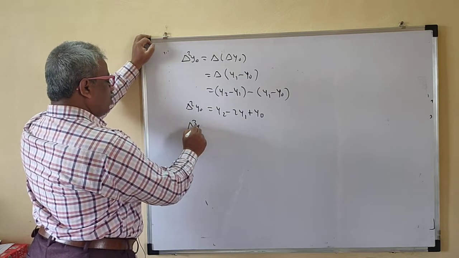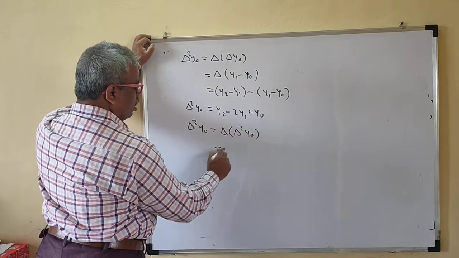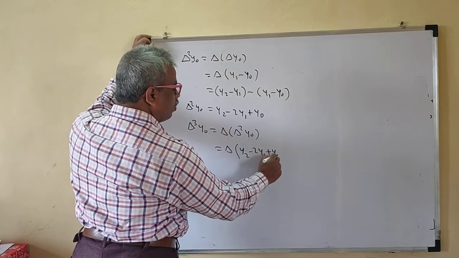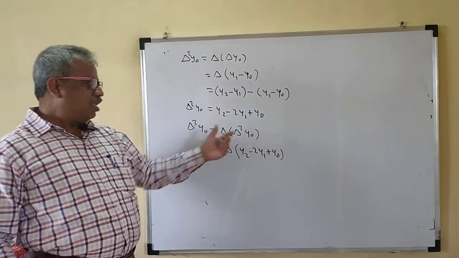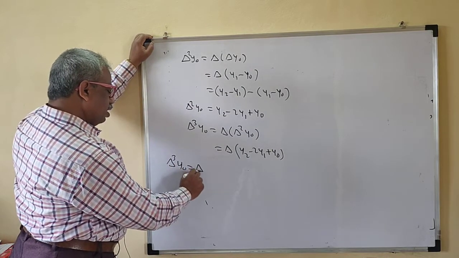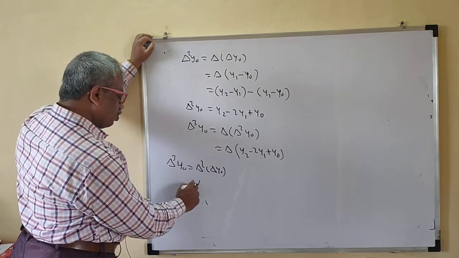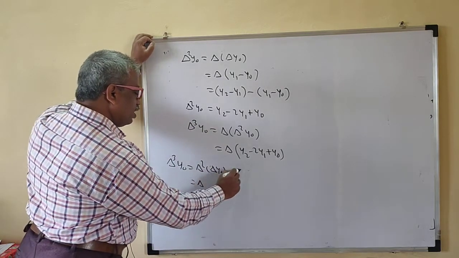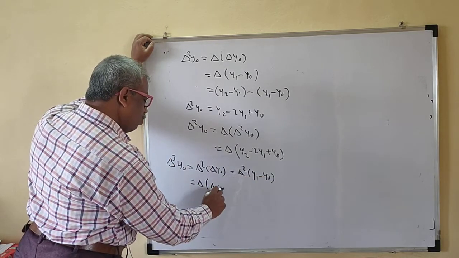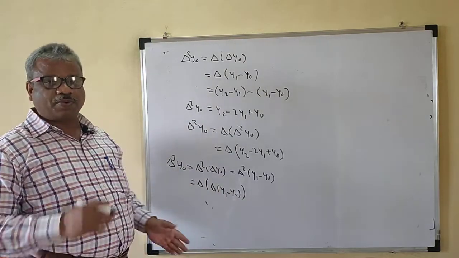If you want to find delta cube y0, this is delta of delta square y0, so delta of (y2 minus twice y1 plus y0). If you forget, you may write delta cube y0 is the same as delta square of delta y0, and delta y0 is y1 minus y0. You can operate one by one.